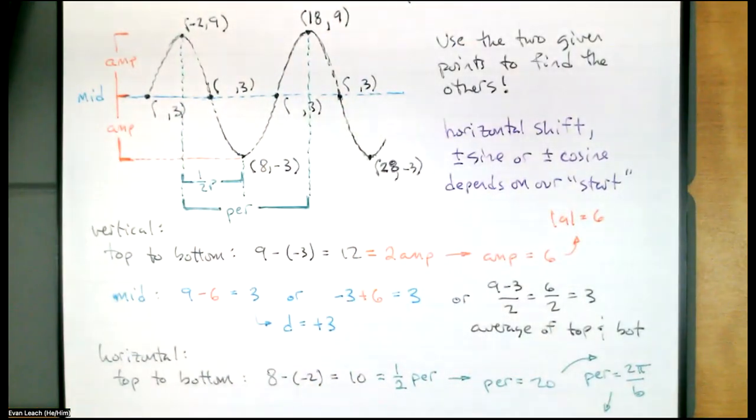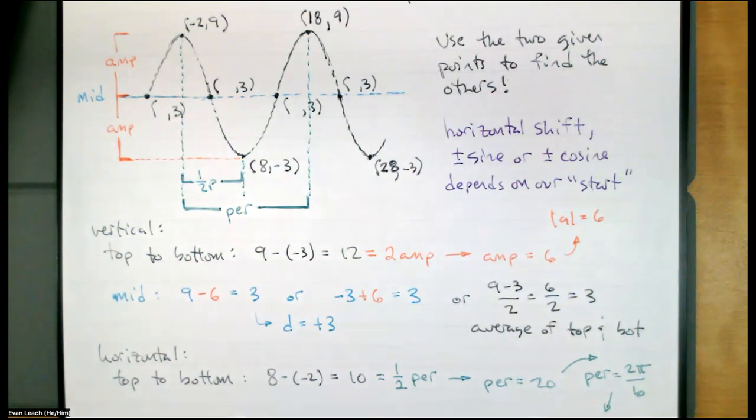We do have to figure out the x coordinate of these points. That would be 1/4, not of the x coordinate, but it would be 1/4 of that distance. So it's half the period from the top to the bottom, and the mid going down, that point, will be halfway.